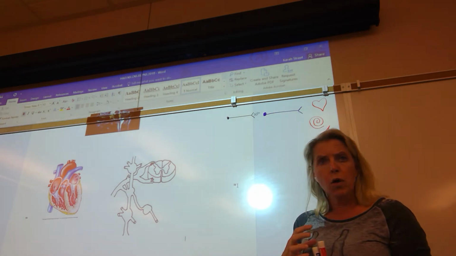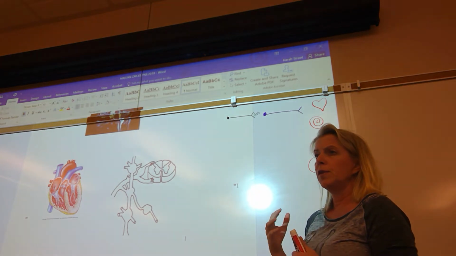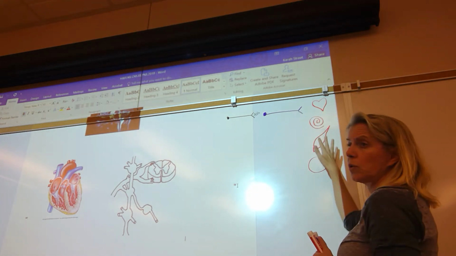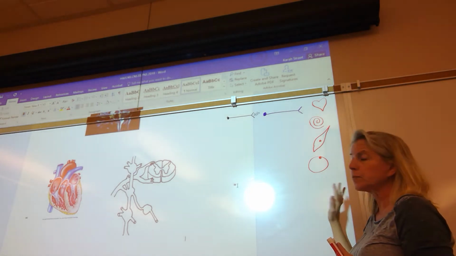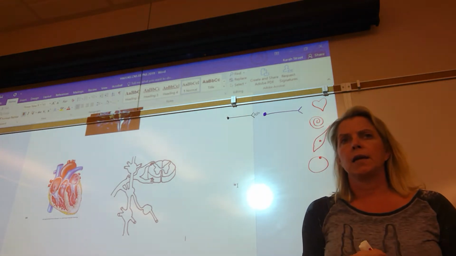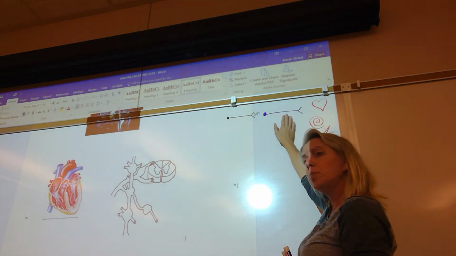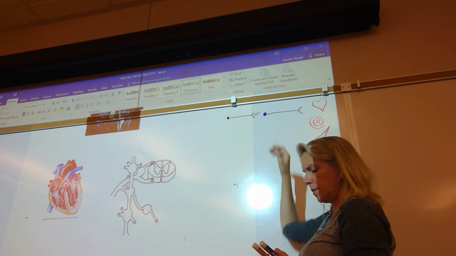You have no control over when these fire, and you're certainly not having control over these effectors. The first neuron is called the preganglionic neuron. The second neuron is called the postganglionic neuron.